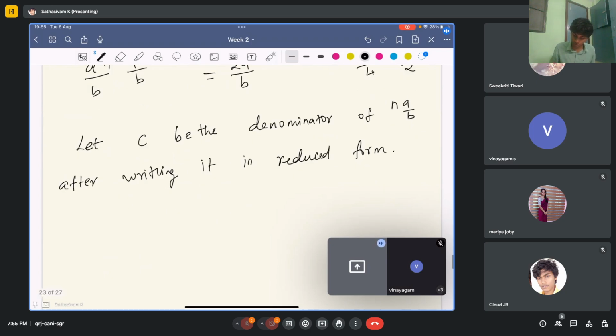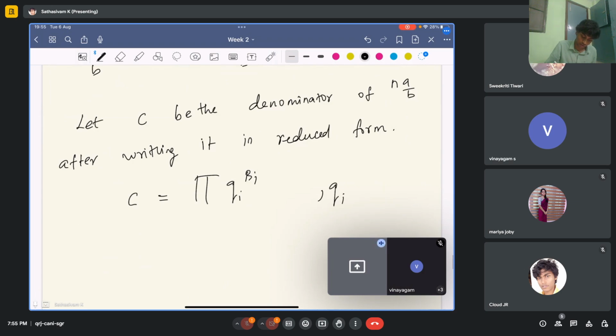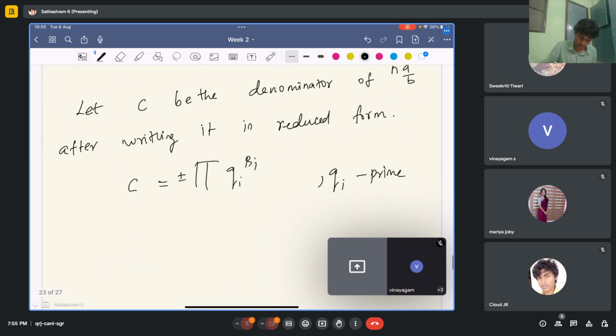Now you use the fundamental theorem of arithmetic and write the c as a product of q_i to the beta_i, where q_i is prime. Okay, so this is again plus or minus 1, that doesn't matter. And this beta_i belongs to the natural numbers, not including 0.